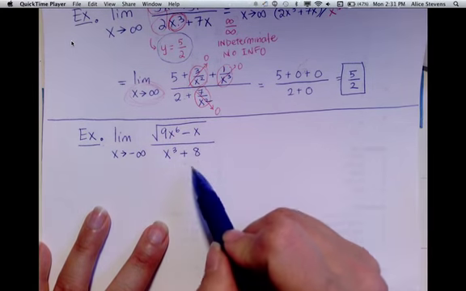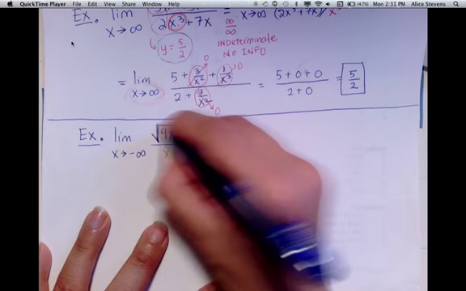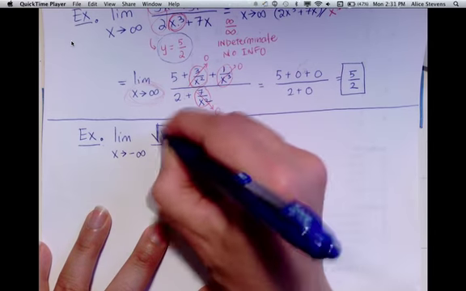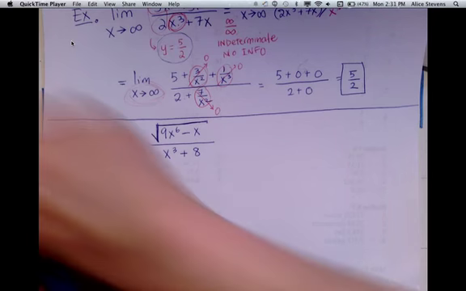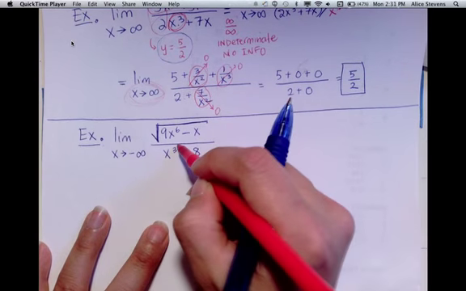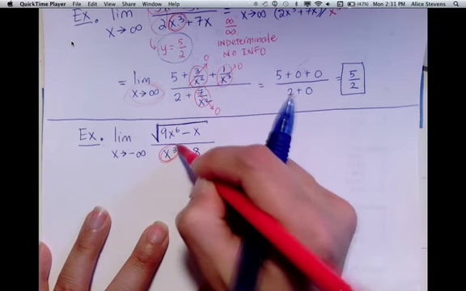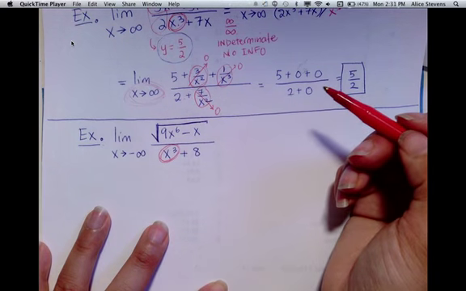This is similar to the previous example, except I have a square root here. So I'm going to have to think about how to deal with the square root. Again, the highest power of x in the denominator is x cubed, so I'm going to divide through by that.